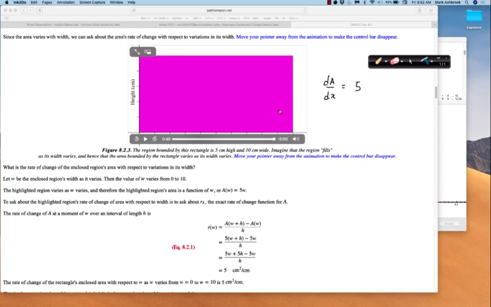And we could do that by saying, okay, what's the area at, say, 8? When our change in x is 8, what was our change in area? 40.